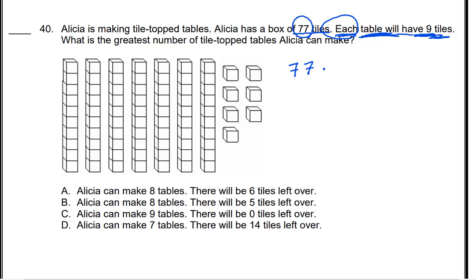So we need to divide the 77 by the number of tiles in each table. Right? So we need to divide it by 9, and you can do this using the division algorithm.